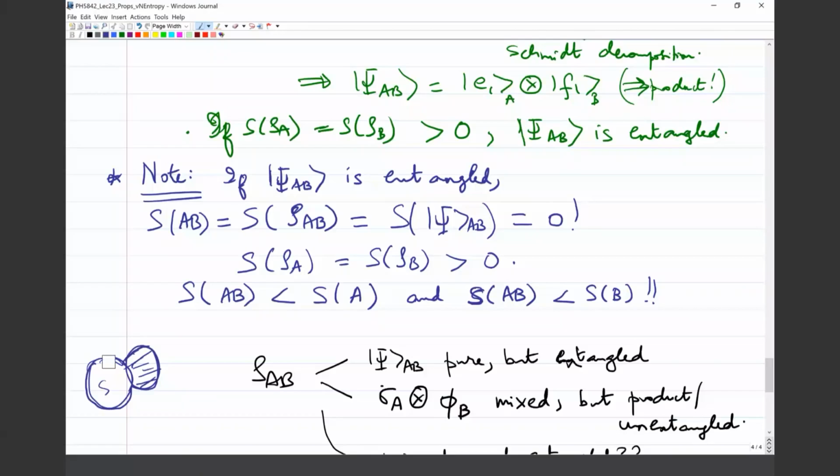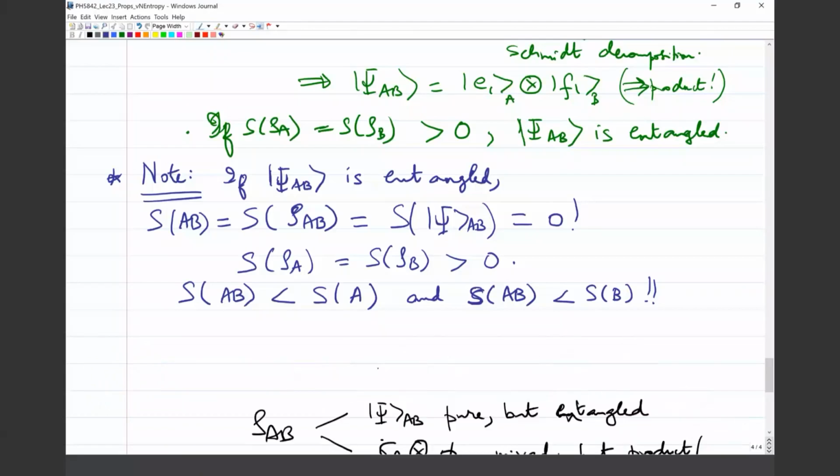So we see a clear departure from the classical case, where you can have a joint state which has 0 entropy, but its marginals somehow have non-zero entropy. Not only can they have non-zero entropy, but they can have maximal entropy.